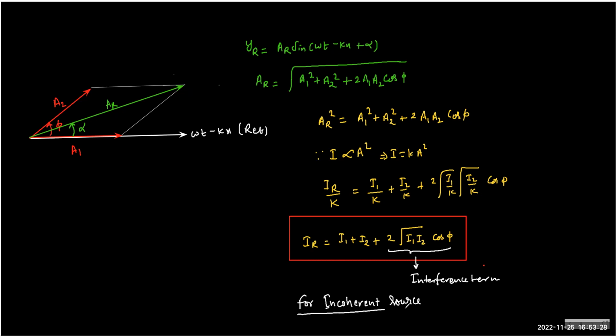For incoherent sources, the resultant is simply the sum of the two. This is only for coherent sources. Okay.